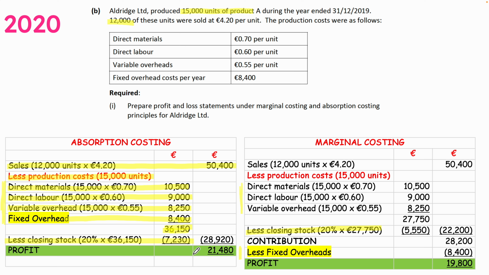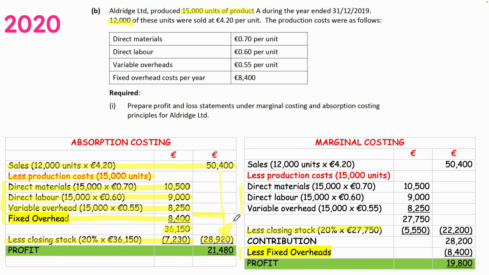So that works out to be 7,230 closing stock, which we take away from 36,150, and that gives us 28,920. And take that away from our sales, we get 21,480. So that is the profit under absorption costing principles.